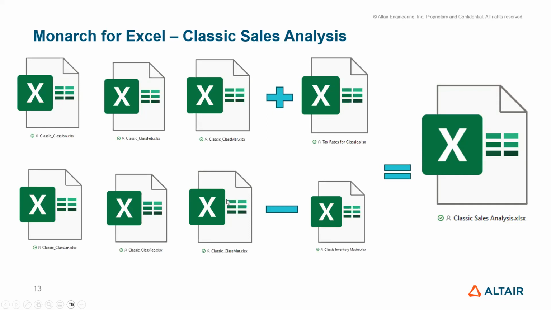Similarly, I have those same three files, my year-to-date sales, and another Excel file, which is my inventory master file. I want to identify, of all the items that have been sold, whether any items have been sold that are not on my inventory master.